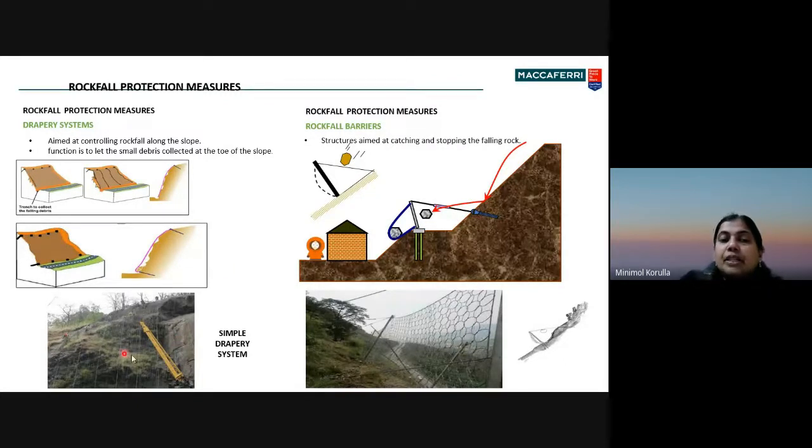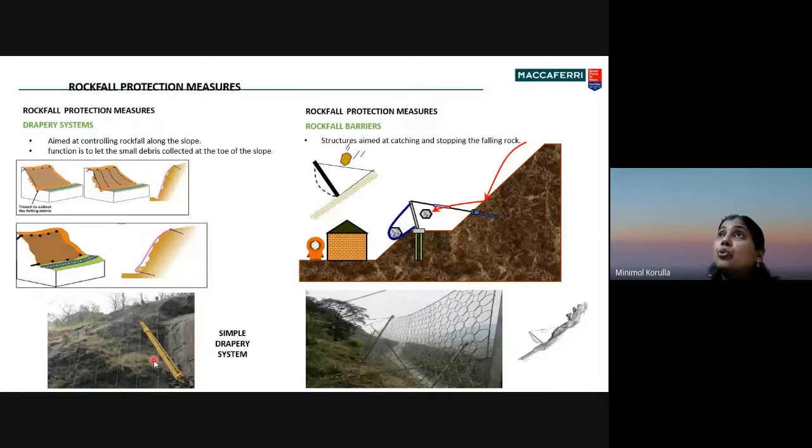Now for the drapery system, again the design is there. It can be the static energy or the dynamic energy. The static energy will be coming when we are having the drapery system. The rocks will be moving and getting collected at the bottom of the drapery system if we are putting some anchors or nails.